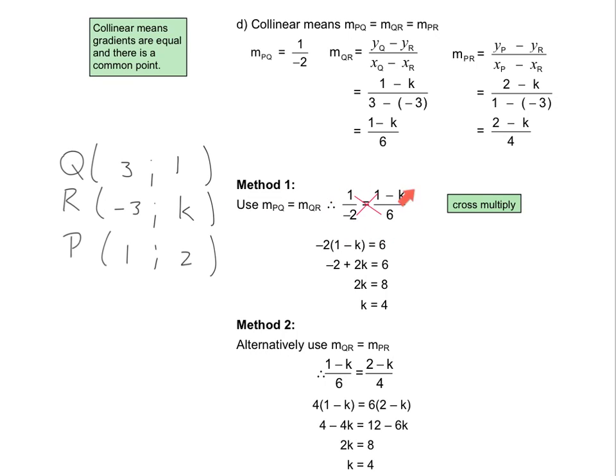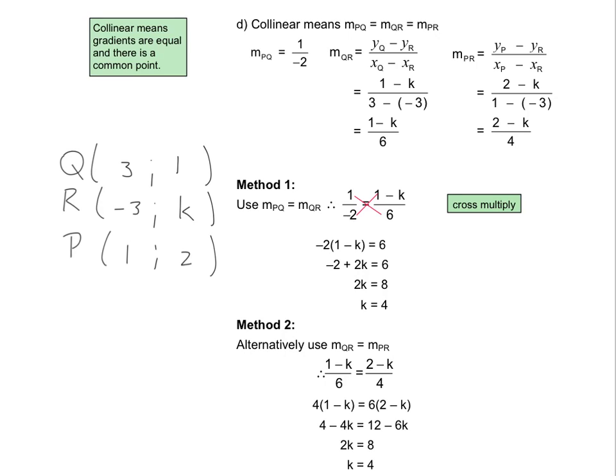The first method is the simpler one, where I take the gradient of QR and set it equal to the gradient of PQ, the minus a half. Since I then have a fraction equal to a fraction, I may cross multiply. So 1 times 6 gives me 6, and minus 2 is then multiplied with 1 minus k.